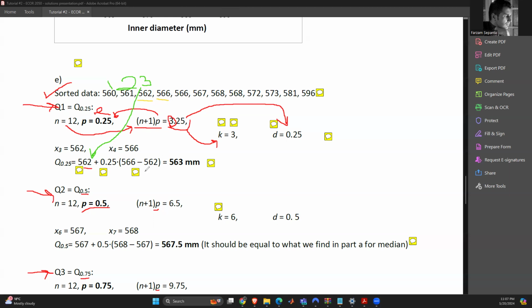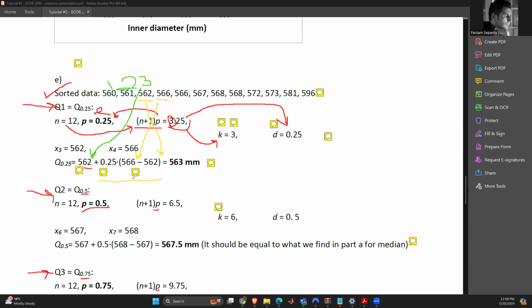And for that reason, you need to create an approximation method here, which is this one, which means your value is 3.25: the third value plus a value after the third value, and that particular value we're trying to approximate. To do that, you find the fourth value, or the value after the third, you put that here, you put the third one here, and then you multiply it by the percentile that you're solving for.